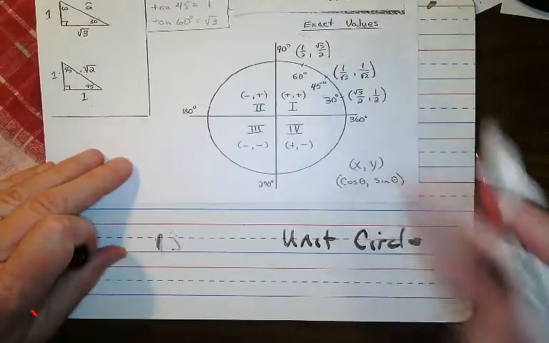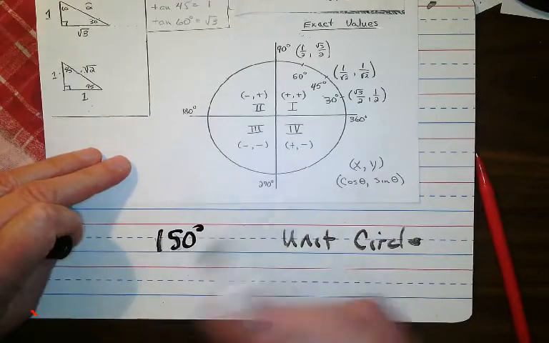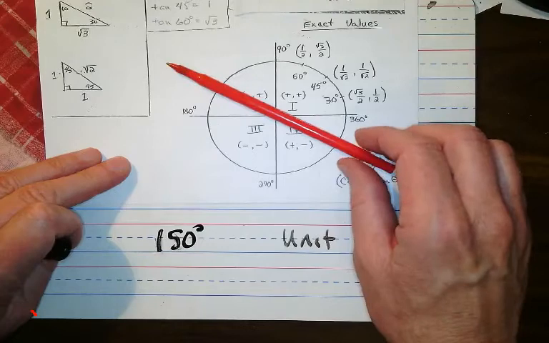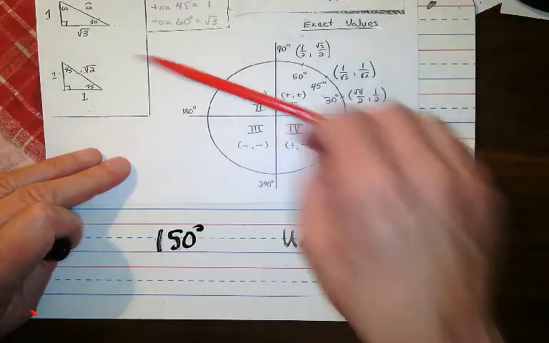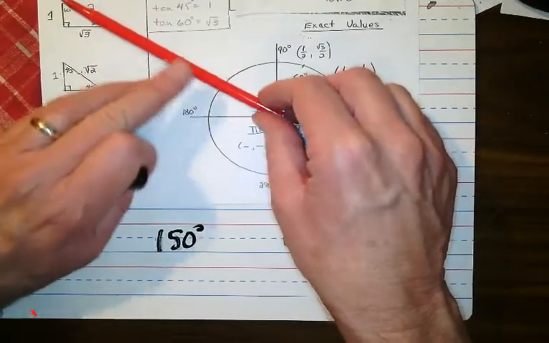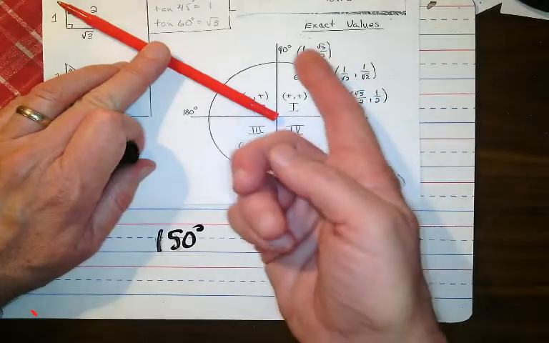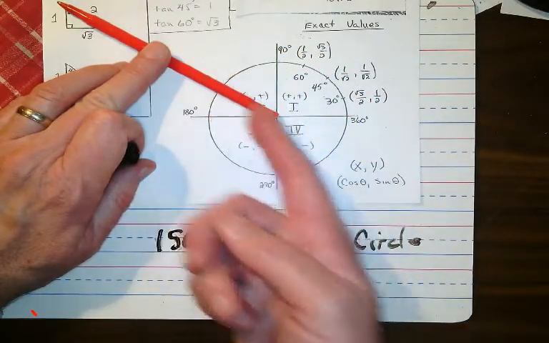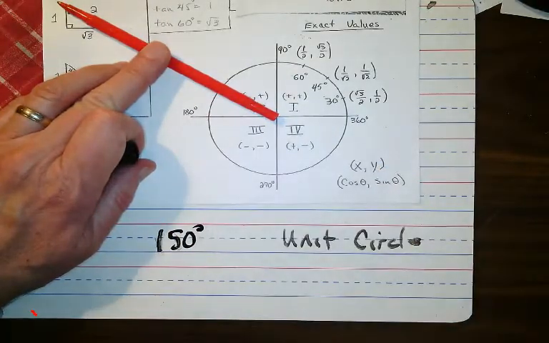There we go. So we got 150. If I had an angle that was 150 degrees, now remember that would be over here somewhere, right? Be just like that, 150 degrees. Starts here, goes 90, 110, 120, 130, 140, 150. There it is. How far is it away from 180? It's 30 away.